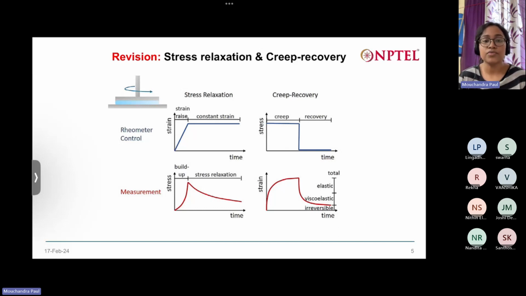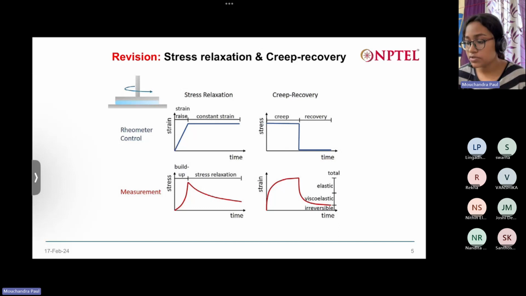We use a machine called a rheometer to measure how a viscoelastic material relaxes in the presence of stress, that is stress relaxation, and also how it creeps. In stress relaxation, we keep the strain constant.